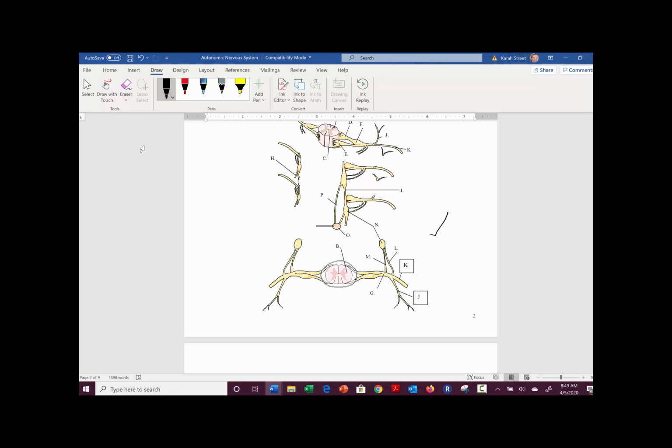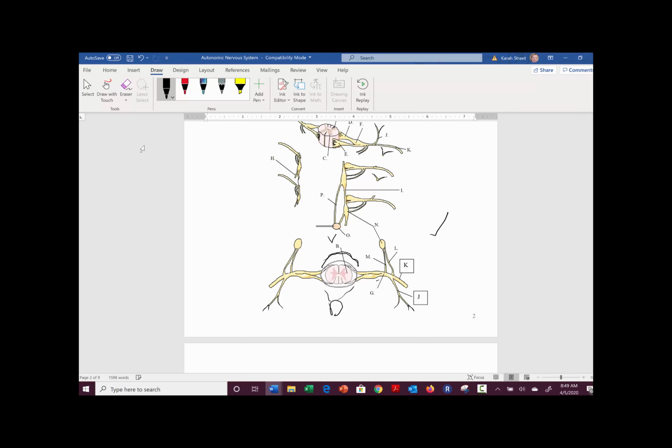Just to orient you, this is the dorsal side, and this is the ventral side, where we would find the vertebral bodies sticking like this. And on the dorsal side, we would have those spinous processes sticking out. So just to give you some orientation there.